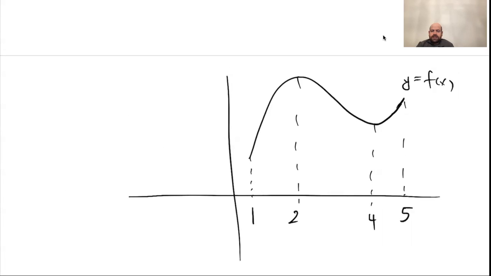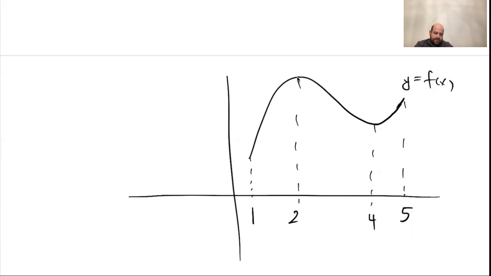Now, does this function have an absolute max or absolute mean? Well, absolute max means the x value for which the output is the largest compared to all outputs of the function. When we look at the graph, this output here is the largest compared to all outputs of the function.